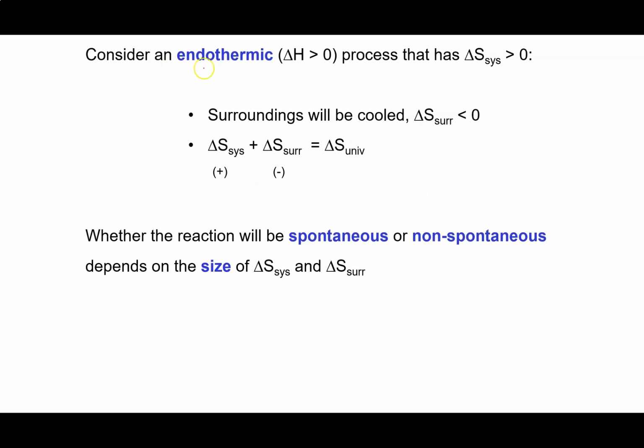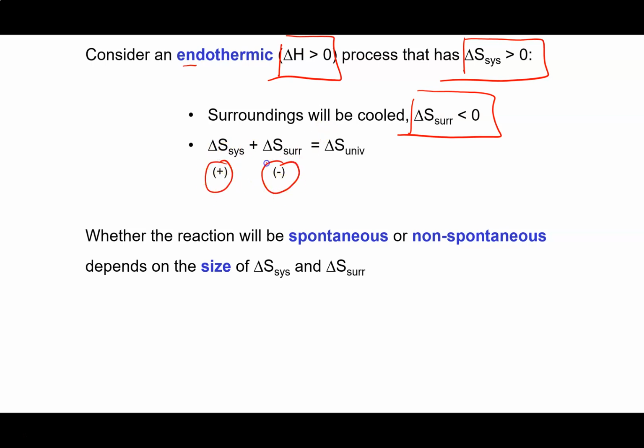What about a system that is endothermic, that is, delta H is positive, and it has delta S of the system also positive? Now, because we're taking heat from the surroundings, they will be cooled down, and as a result, the delta S of the surroundings will be negative. So in this case, to calculate the delta S of the universe, we would be taking a positive number and adding to it a negative number.